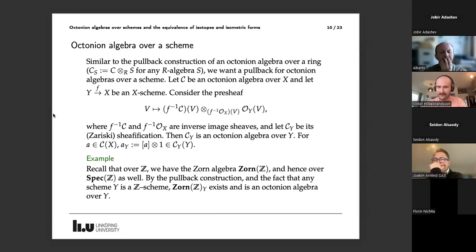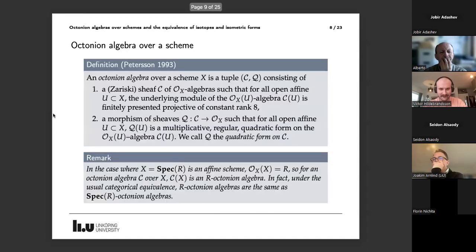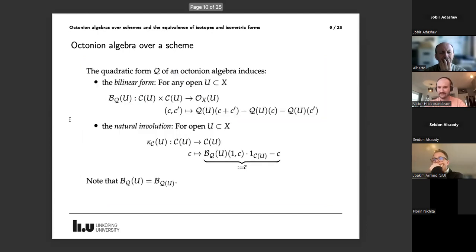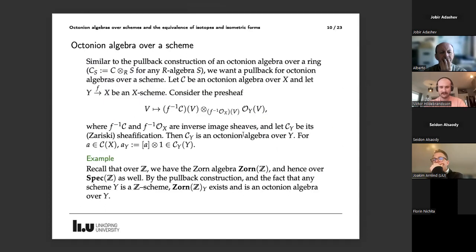I notice now that I hope it was written here, yes, that this definition was done by Petersson in the 90s. He should have his due credit. And also that this pullback construction is well defined and becomes an octonion algebra is also a result by him. Yes, and we'll need this for later.